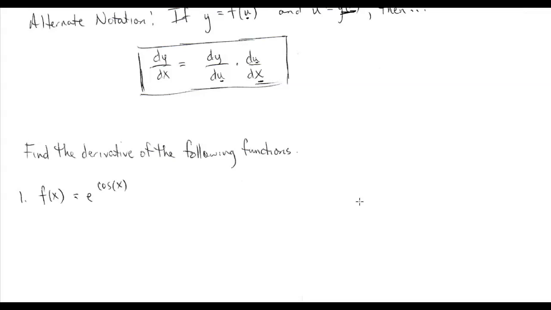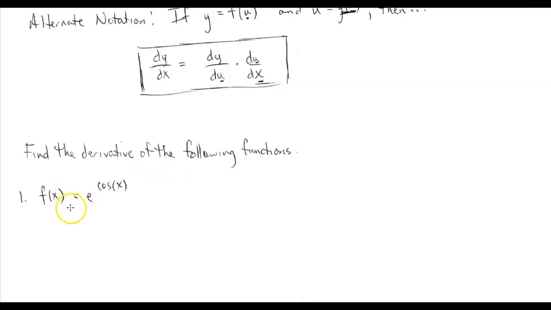But you do want to get used to it, because when you apply the chain rule in situations like implicit differentiation, it is very useful to use Leibniz notation, because it lets you know what variable you're taking a derivative with respect to, and it allows you to see when to do what, okay?